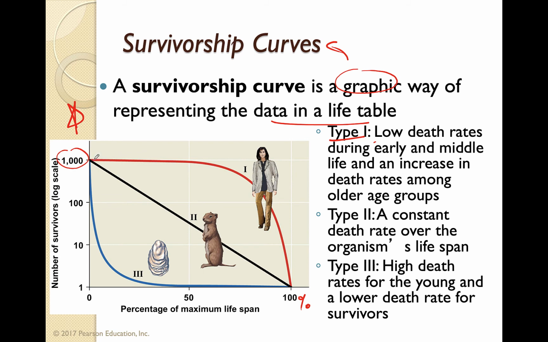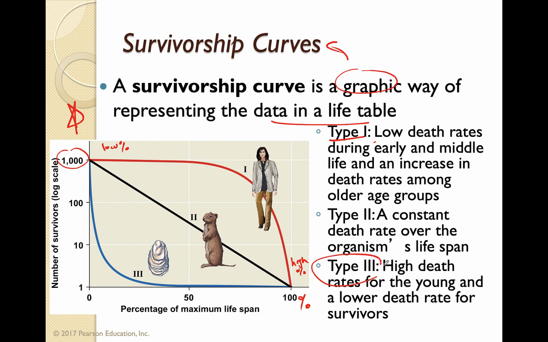So over our lifetime of 1,000 people, once we hit 50%, so that's about age 40, most of those people are still alive. And then as we get into our 60s, 70s, 80s, we see that the number of people drops off precipitously. So there's a low percentage of death here and a much higher percentage of death at the end of this life curve.